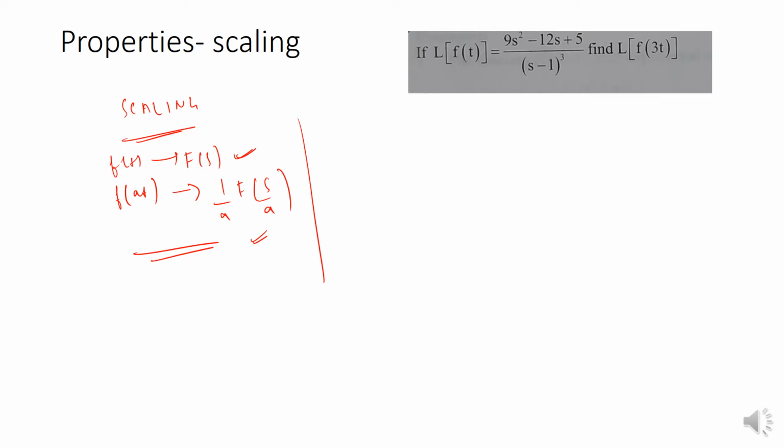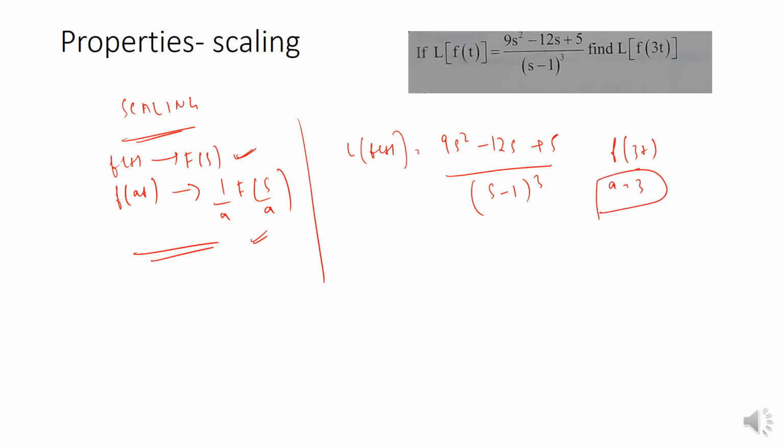so this is like L of f of t, right? So L of f of t is 9s square minus 12s plus 5 by s minus 1 whole cube. Now he wants us to find f of 3t. So here a is 3.